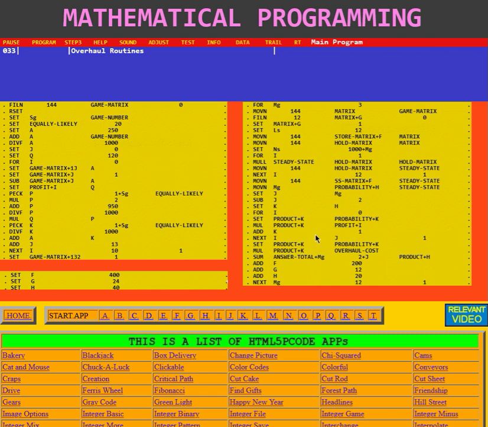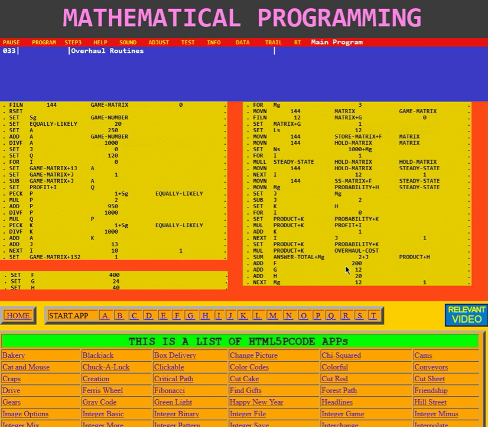But then that just covers the times that the machine is running, the rows. It also has to figure out the cost of it being overhauled. So the next thing it does, it takes the probability of the last row and multiplies it by the overhaul cost, and then it adds all of them together to get the answer, total cost.